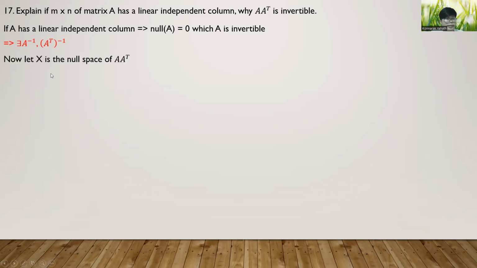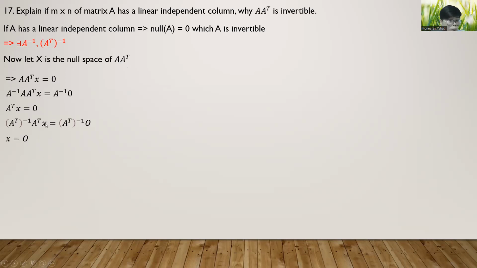So now let X be in the null space of this matrix A transpose A. Then A transpose A times X must be equal to 0. By doing left multiplication by the inverse of A on both sides, we get A transpose times X equal to 0. And by doing left multiplication again by the inverse of A transpose, we get X equal to 0 here.